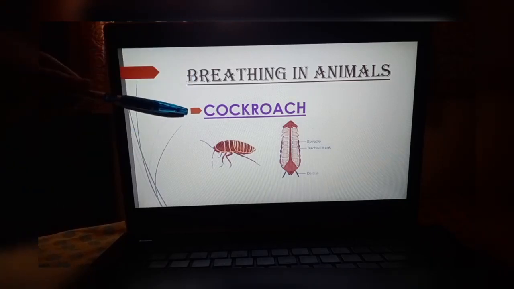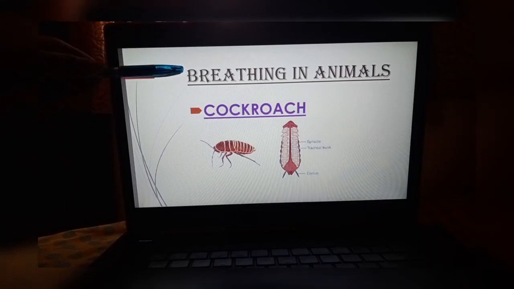Now let's take our very first example, that is cockroach. So students, the breathing organs in each and every type of organism differ from one another.